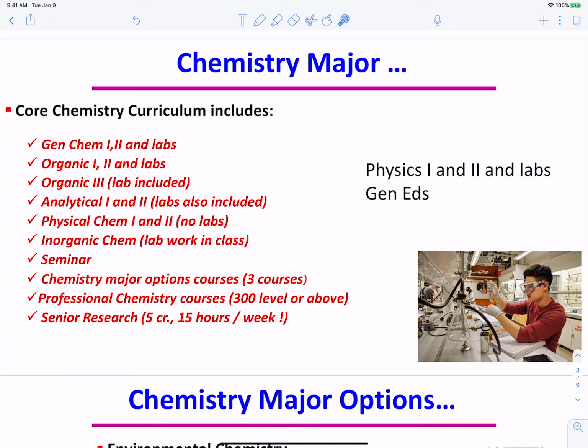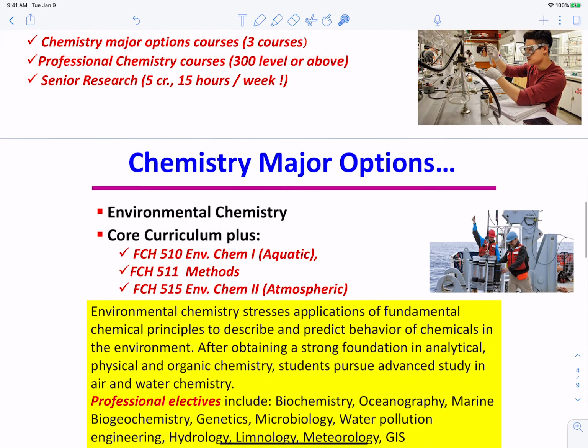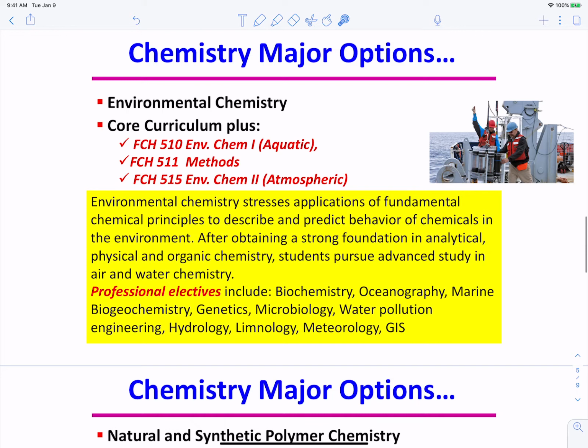Let me just talk about the chemistry major and these option areas. There are 3 option areas. The first one is environmental chemistry. You take the core curriculum courses, and then in the senior year, you would take 3 courses within environmental chemistry: environmental chemistry 1, environmental chemistry 2, and methods in environmental analysis.